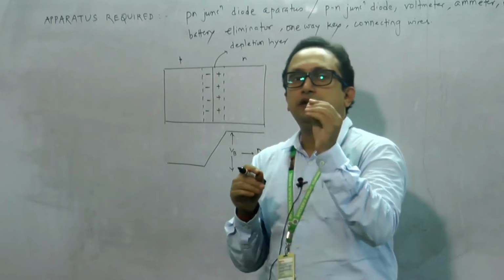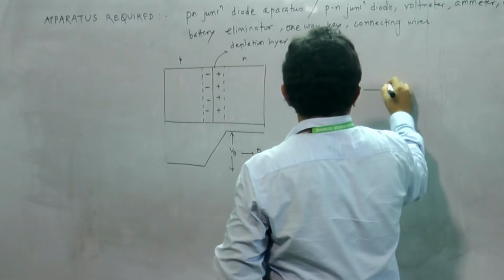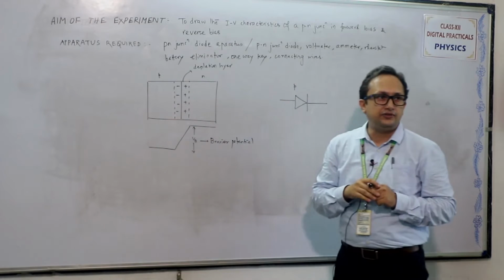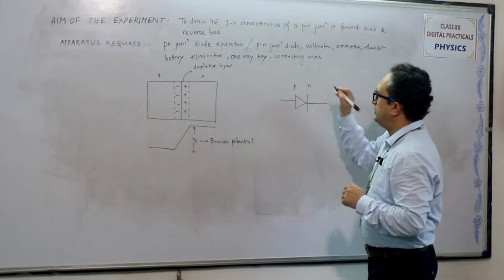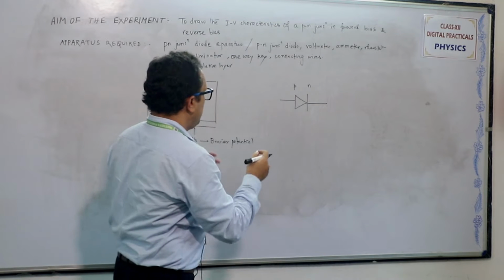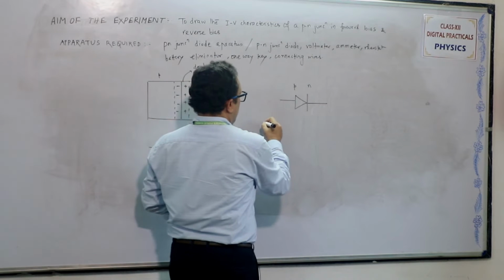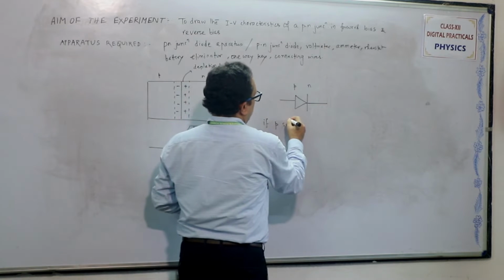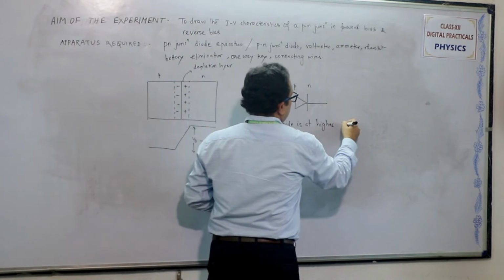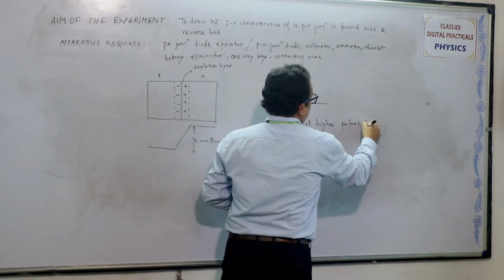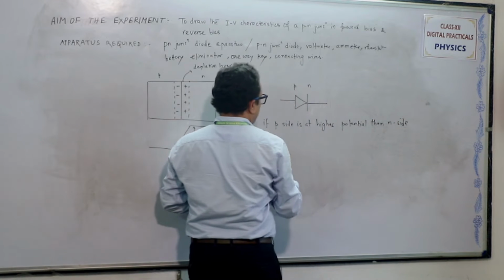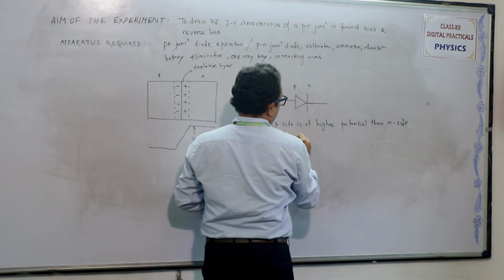But before we proceed, the circuit symbol for PN junction is this. The triangle represents P side and the bar represents N side. So what is forward bias? A very simple explanation: if P side is at higher potential than N side, then we call that forward bias.